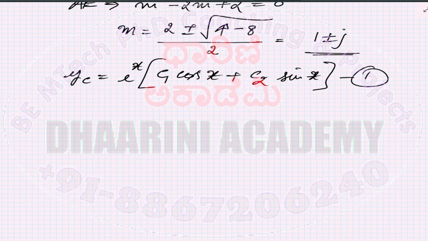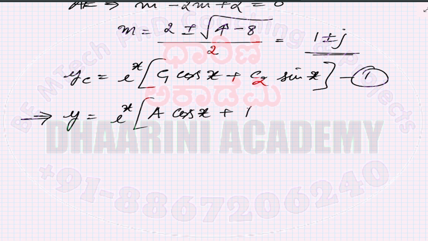So after yc, we'll write the similar format for y. Therefore, y is equal to, using the variation of parameters, e to the x, this remains as it is, a times cos x plus b times sin x, equation number 2.